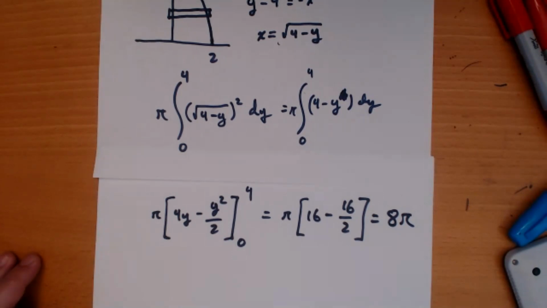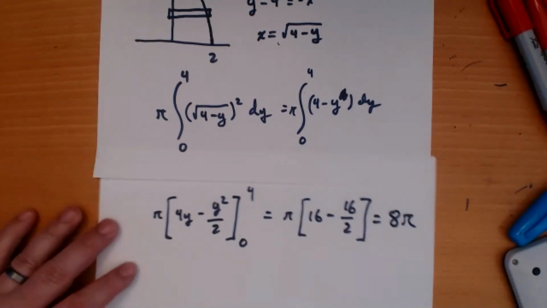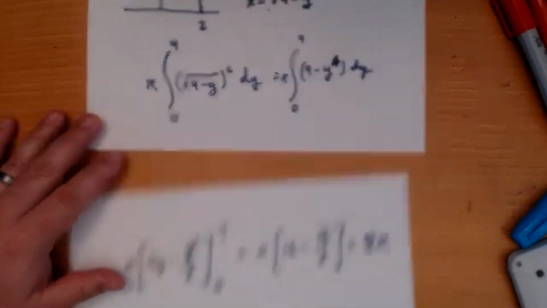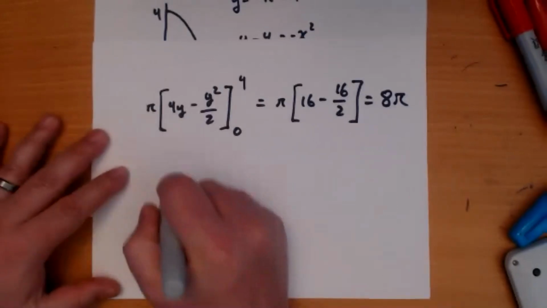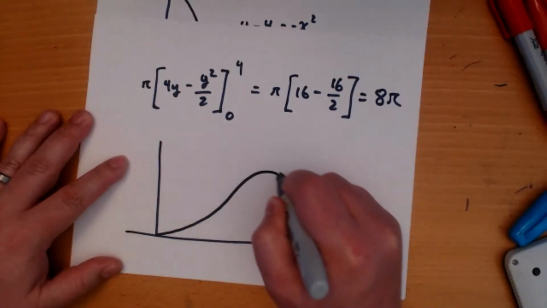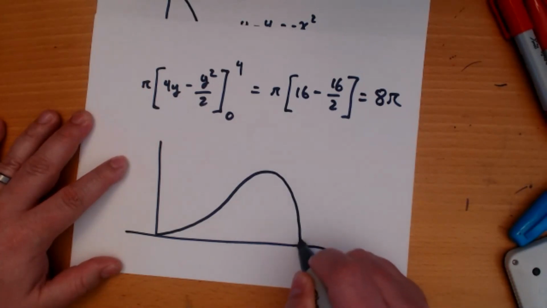So these are different volumes, and generally that will be the case. Let's take a weird looking example just to really illustrate how they would be different. Let's take something like that shape.